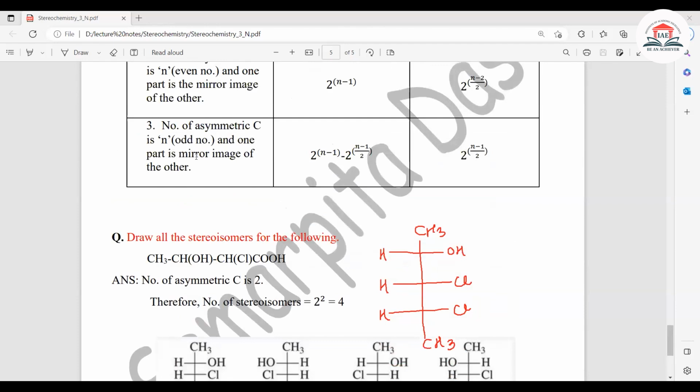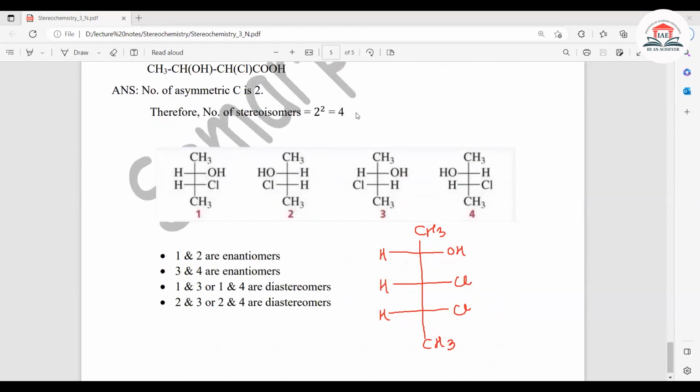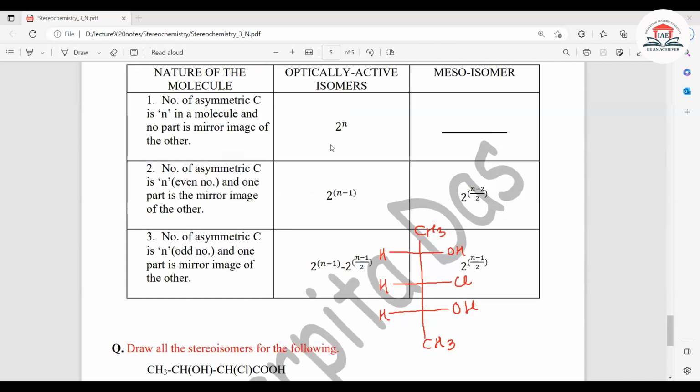I am drawing it this way so that I can talk about the third category. Otherwise, if this were Cl, how many isomers would there be? 2 to the power 3, that is 8.